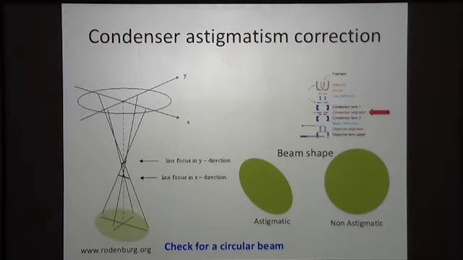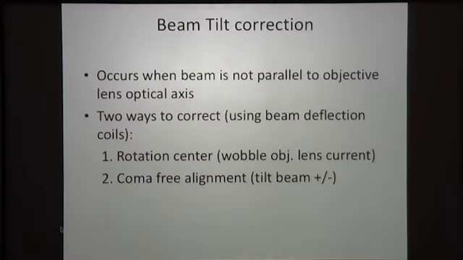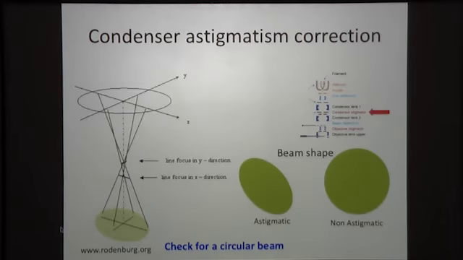And how this manifests itself on the condenser lenses is that because the distances here are different to the distances here, because of the 2 different crossover points, you will get an oval-shaped beam, which is astigmatic. So the idea is to go from something that looks oval into something that is nice and round. And to do this, we adjust the condenser stigmator here.